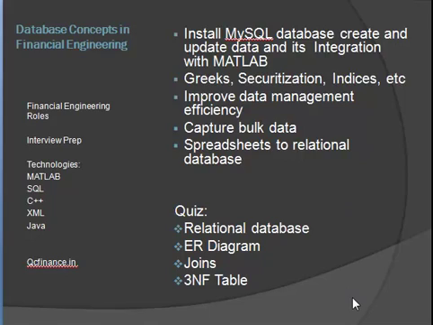You can do a quiz of ER diagram. You can do a quiz of join, and you can do a quiz on normalization of data. So I think that would equip you in a way to tackle these kind of interviews or these kind of jobs, or if you are doing a master's in financial engineering, this would actually help you to prepare yourself for the course that's coming to you in future.